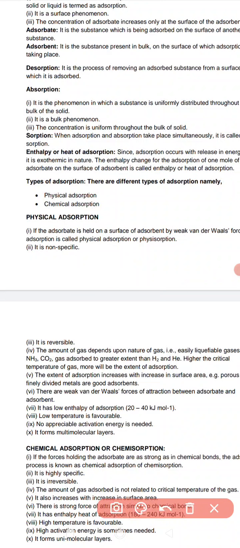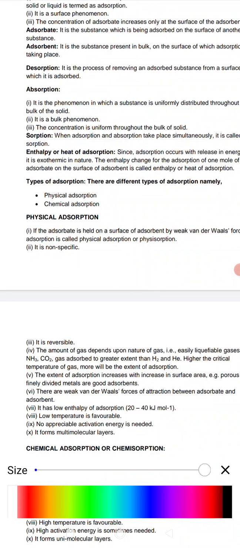So just remember, if the adsorption process takes place by simple weak van der Waals forces, then this is called physical adsorption. It is non-specific in nature, it is reversible, and the amount of gas adsorbed depends upon the nature of the gas.